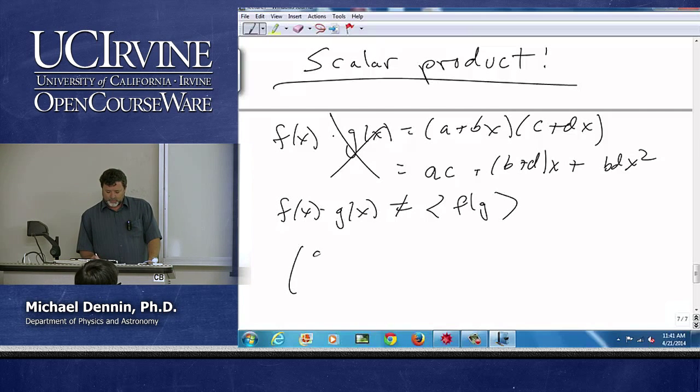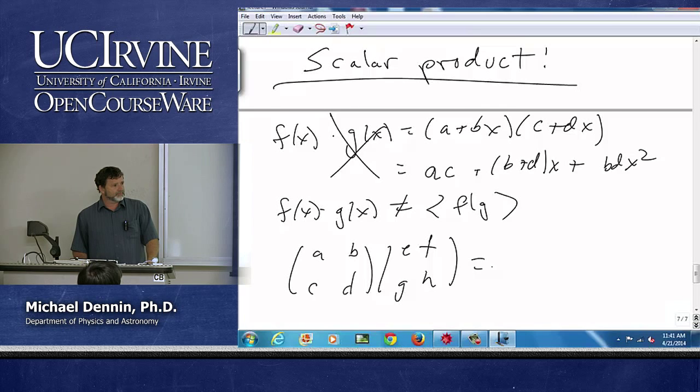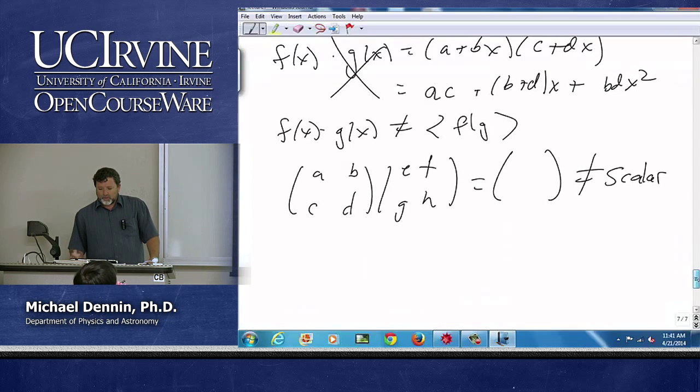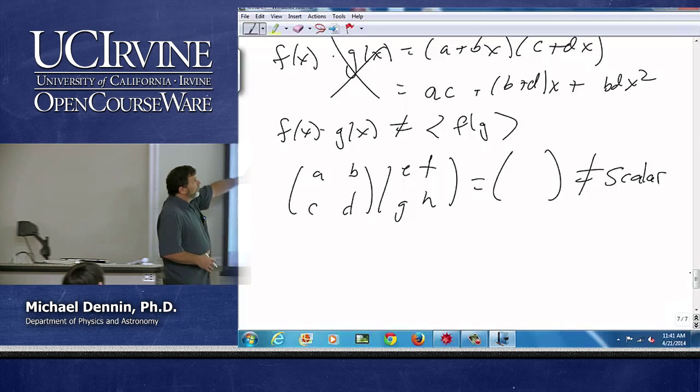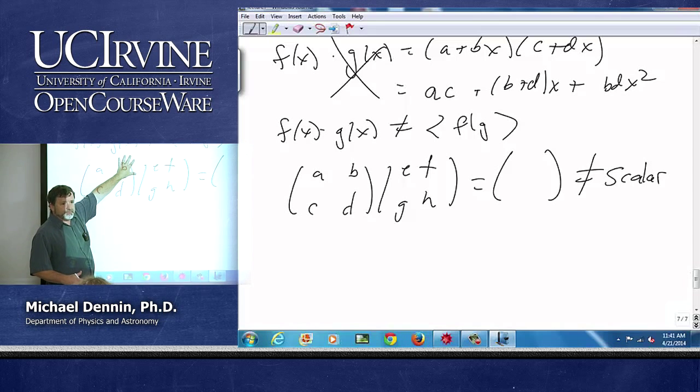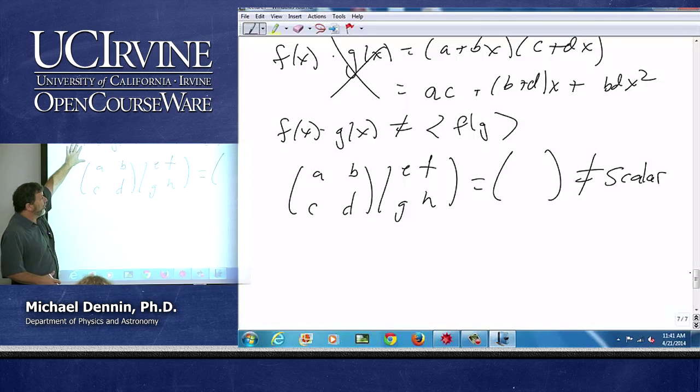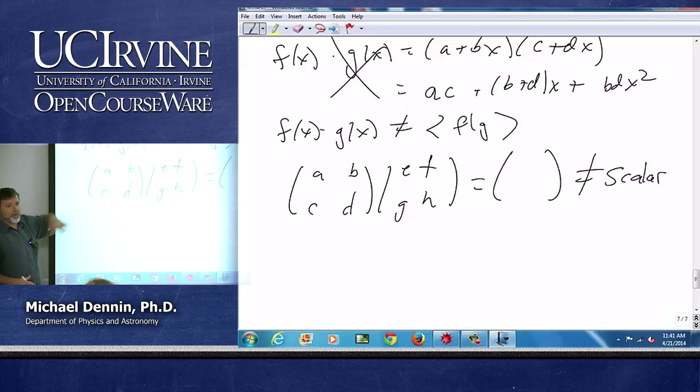Likewise, if I take two matrices and I multiply them, what do I get? Another matrix, not a scalar. So one of the big ideas that we will develop in the next section is how we can go about defining scalar products.